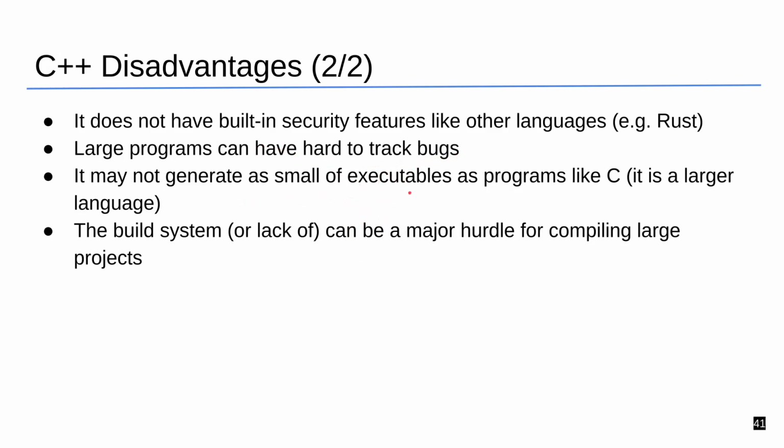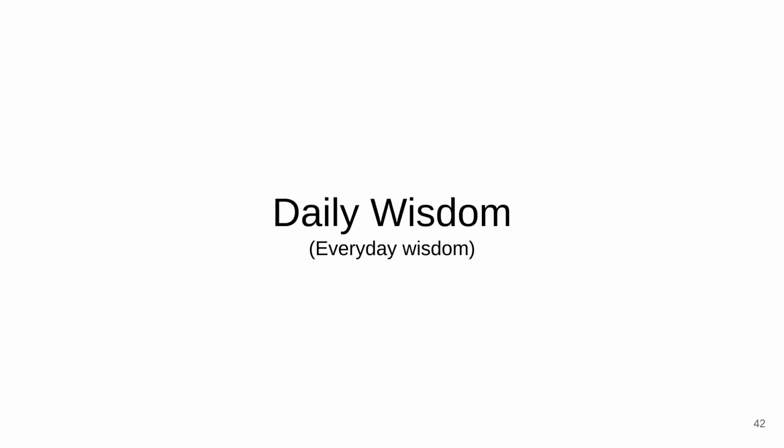It may not generate programs as small as C. It's a bigger language, and for large projects you have to wrestle with just how to compile it nicely, whereas other languages like Rust and so on have largely solved some of these problems, or at least better than C++. Okay, so it's not the perfect language, but it's going to be the language we use, and it's going to have a lot of awesome stuff that you'll learn.